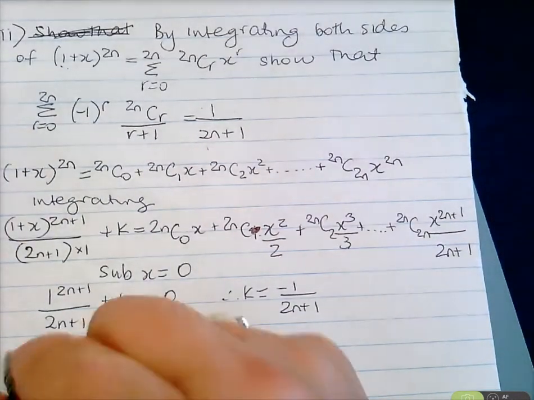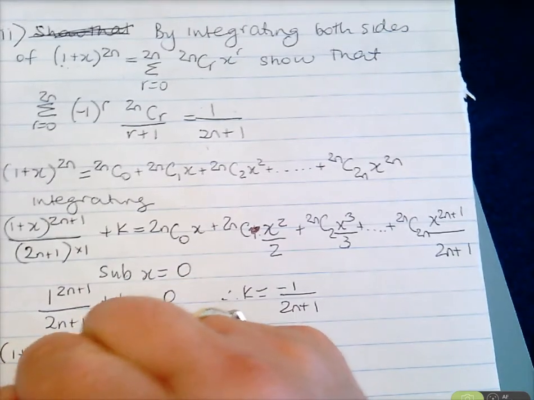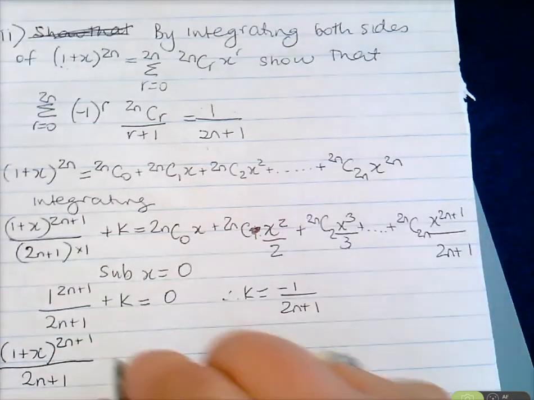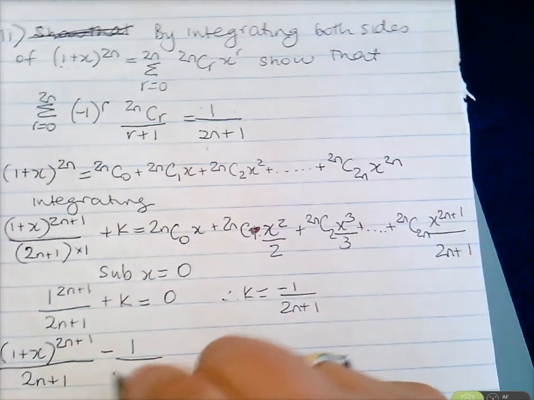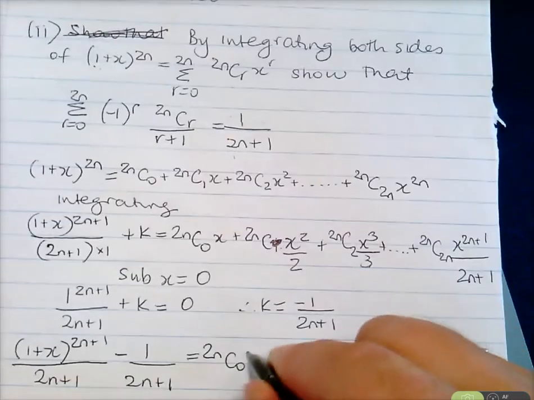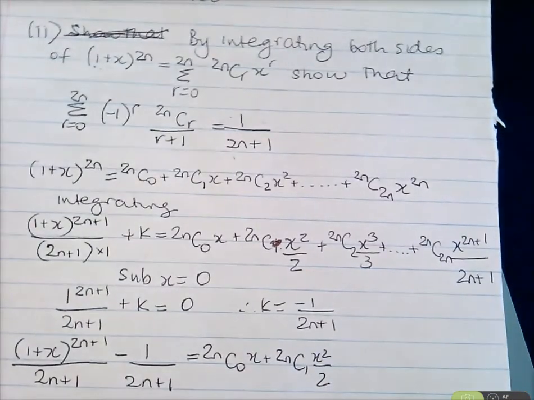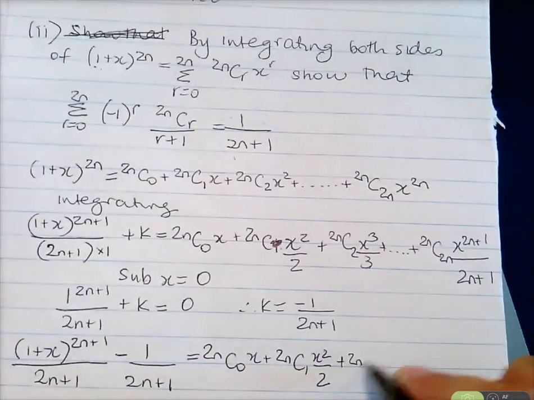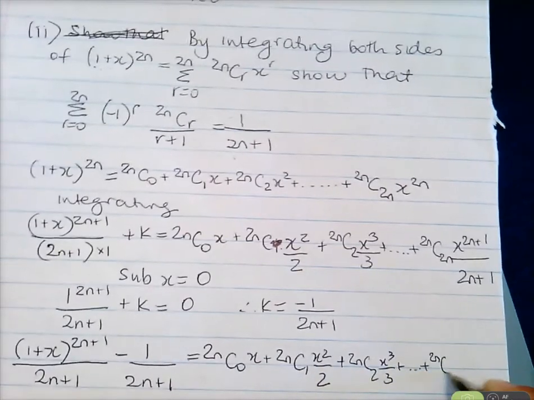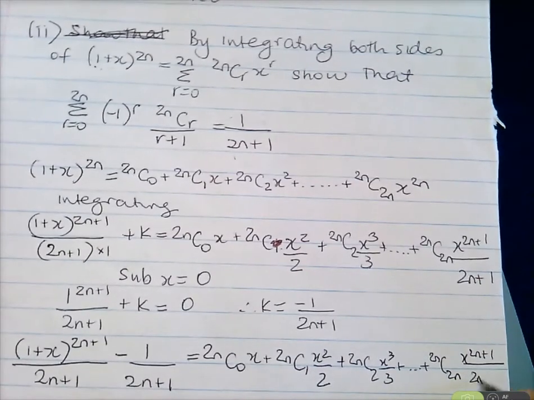So therefore, writing out the integration again: 1 plus x to the 2n plus 1 over 2n plus 1, minus 1 over 2n plus 1, is equal to 2nC0 x plus 2nC1 x squared on 2, plus 2nC2 x cubed on 3, plus 2nC2n x to the 2n plus 1 over 2n plus 1.